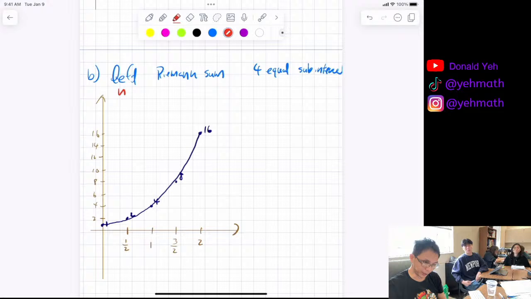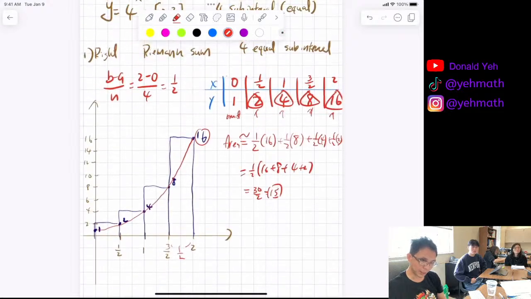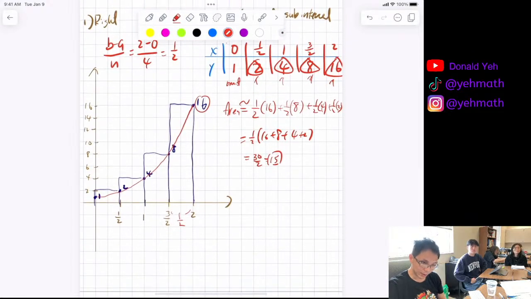So let's look here. Are they under? Do you see that? Compared to the last one, which is way over.